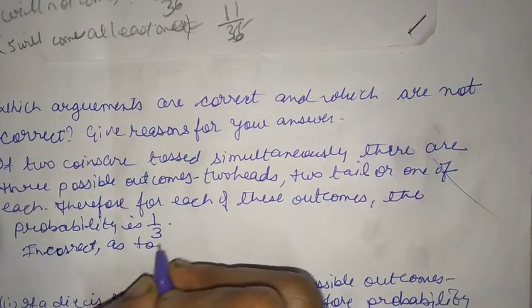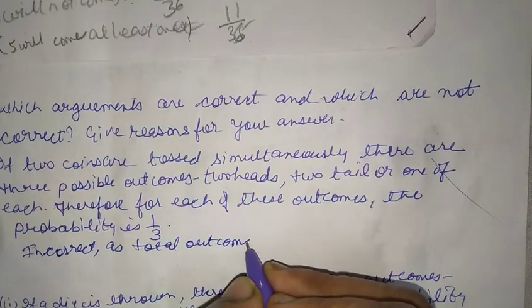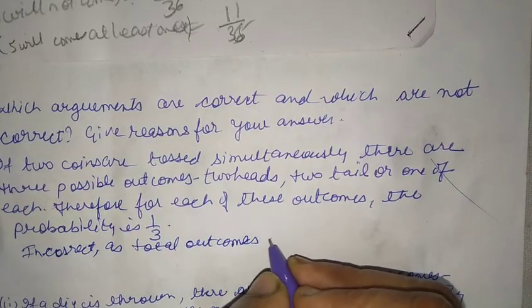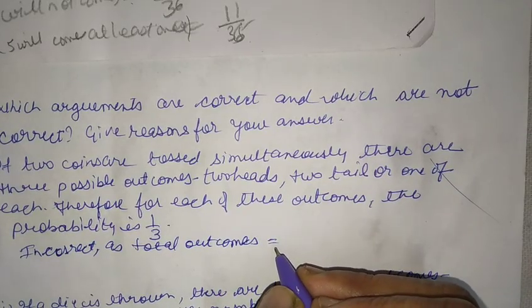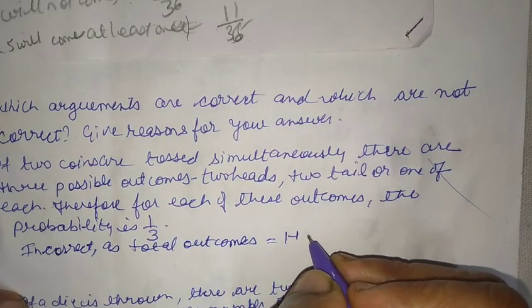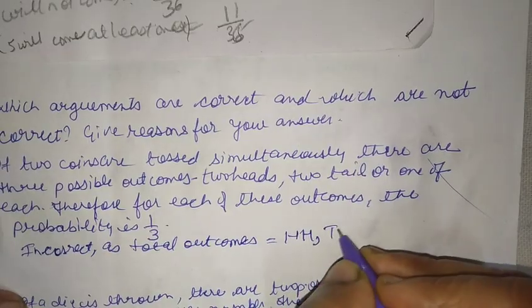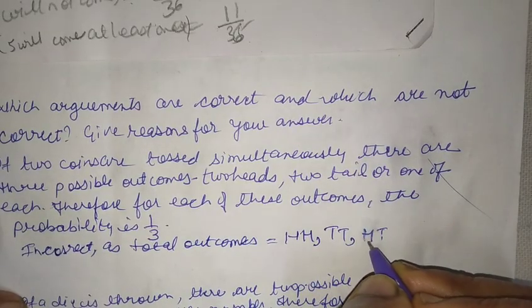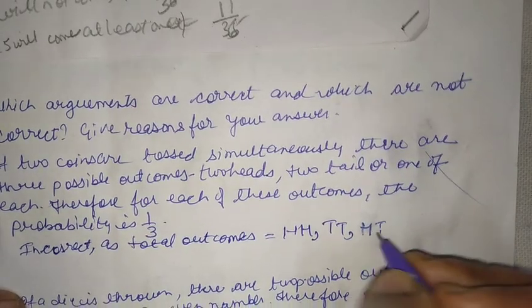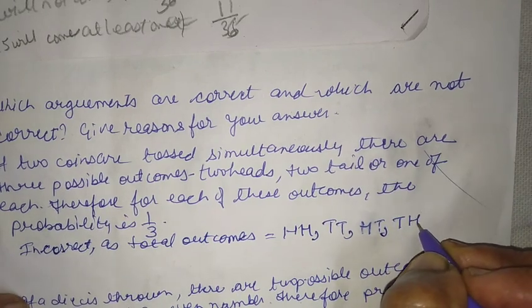This is incorrect as the total outcomes here, when we toss 2 coins, will be head, head; head, tail, which is head for the first coin and tail for the second coin; tail, head, which is tail for the first coin and head for the second coin; and tail, tail.